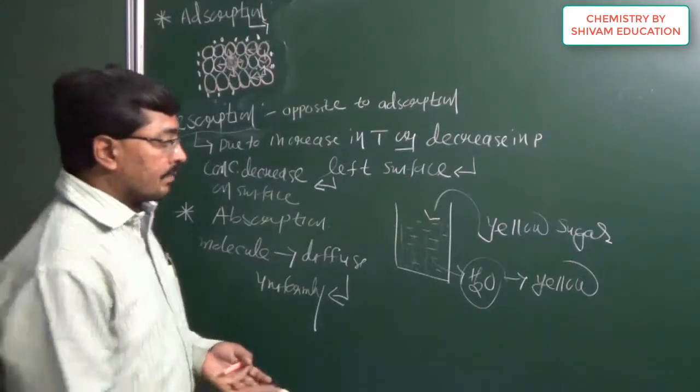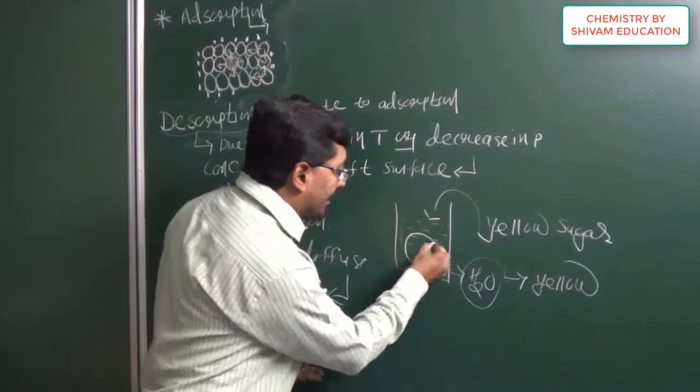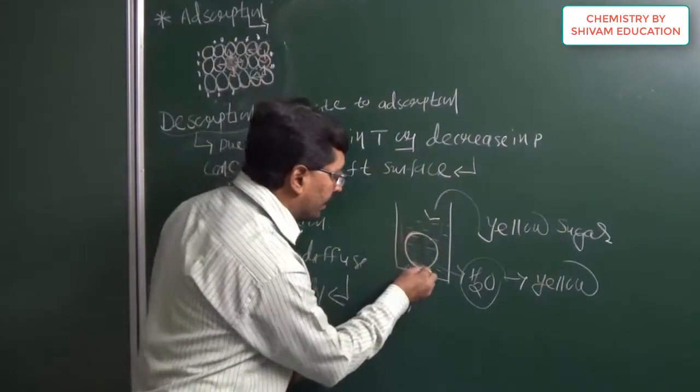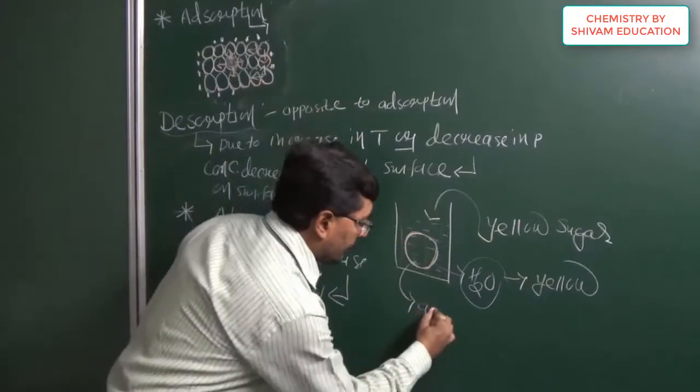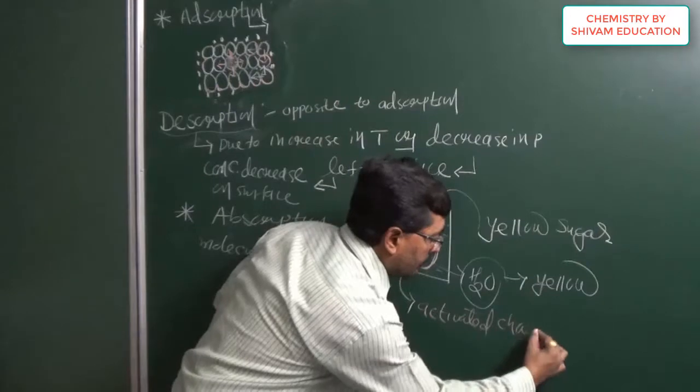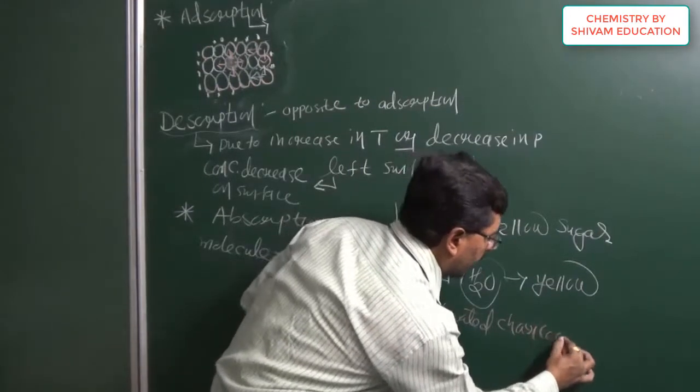Now in this, suppose I am adding activated charcoal. Here what I have added is nothing but activated charcoal. So when I add activated charcoal, once again the opposite process will start. What will happen?